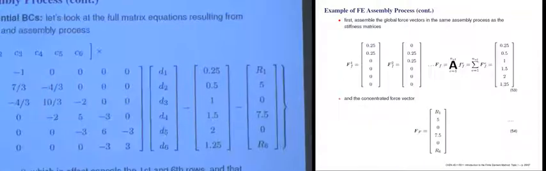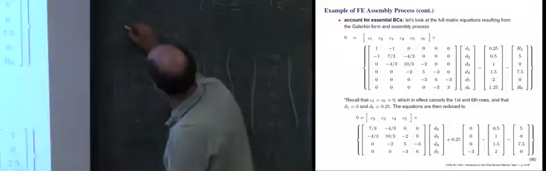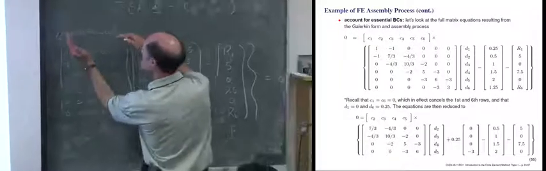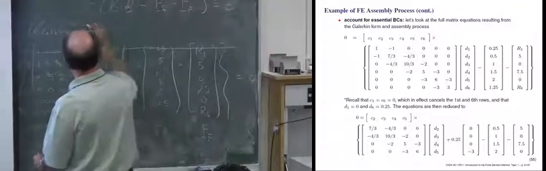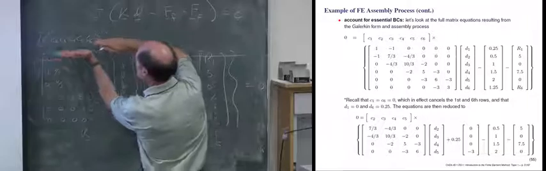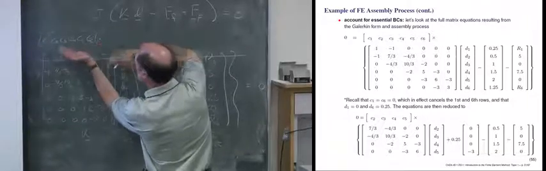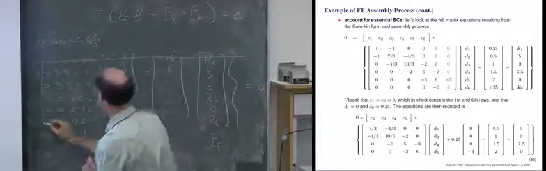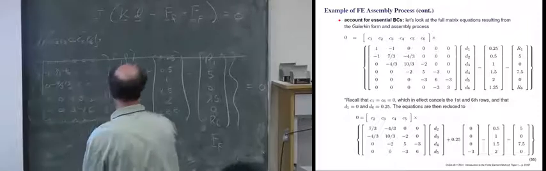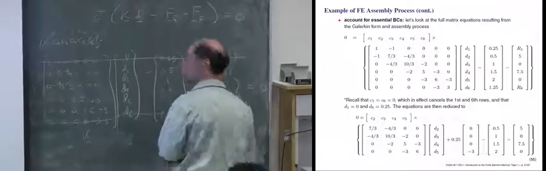So let's do that first. C1 is 0, so if you multiply through this whole vector, it cancels out this row. And C6 is 0, so when you multiply this vector times this vector, it cancels out the bottom row. You guys see that?